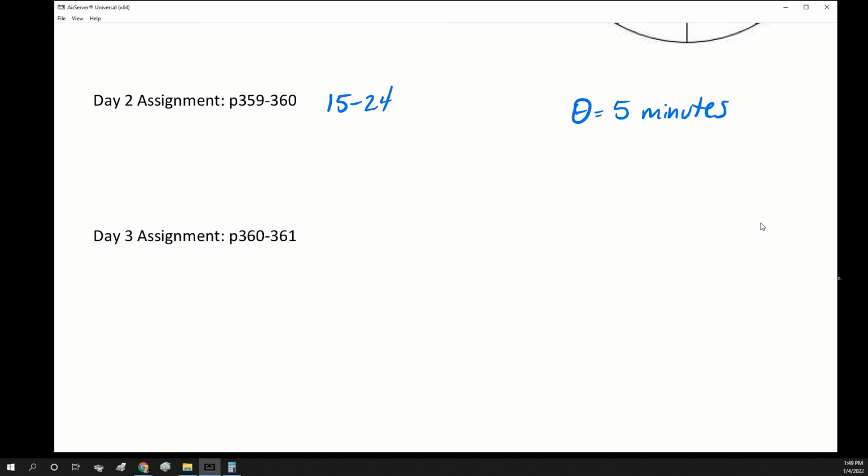And then it tells you that 1 minute is a 60th of a degree. So there's 60 minutes in 1 degree. So if I want to change that 5 minutes to degrees, we would multiply it by 1/60. So that's 5/60 of a degree, or 1/12 of a degree. So you're going to need to do that on 2 of them. It gives you minutes instead of degrees. You just change it by dividing by 60.